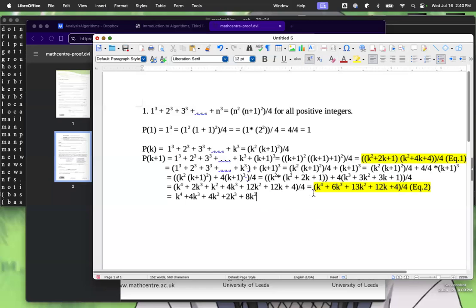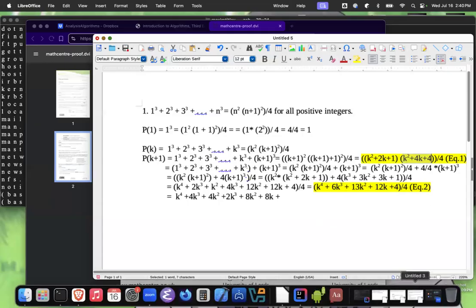Okay. Now, next thing we have is 2k times 4. So that's going to give me 8k. So 2k times the 4 gives me 8k. All right. And now we have 1 times this entire second equation. So I could just copy it over because we're multiplying by 1.